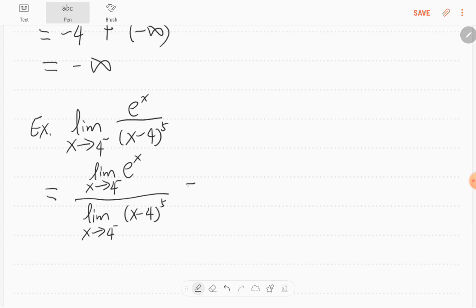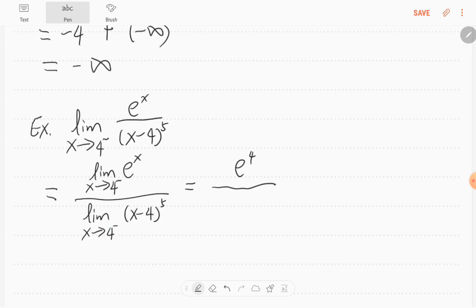For the numerator, you just plug in 4 directly, so it's e to the 4th. For the denominator, you cannot plug in 4, because the denominator would be 0, which is undefined. But we can do this.